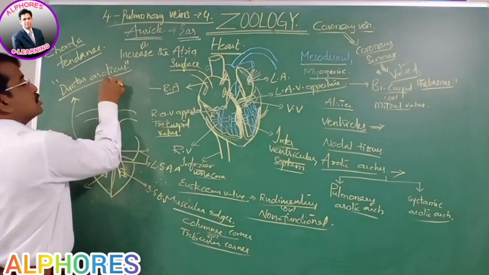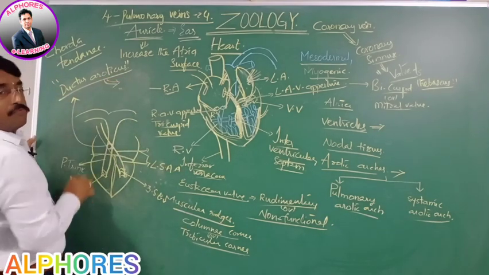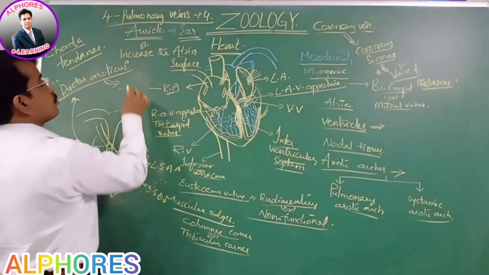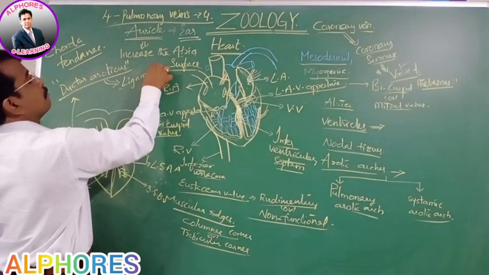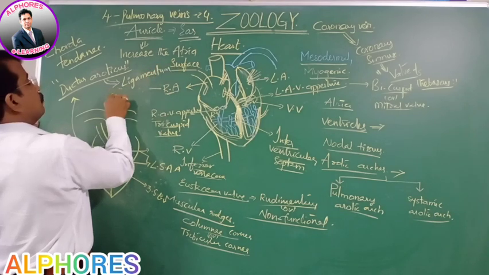In the adult stage, it is modified to form a fibrous strand named the ligamentum arteriosum.